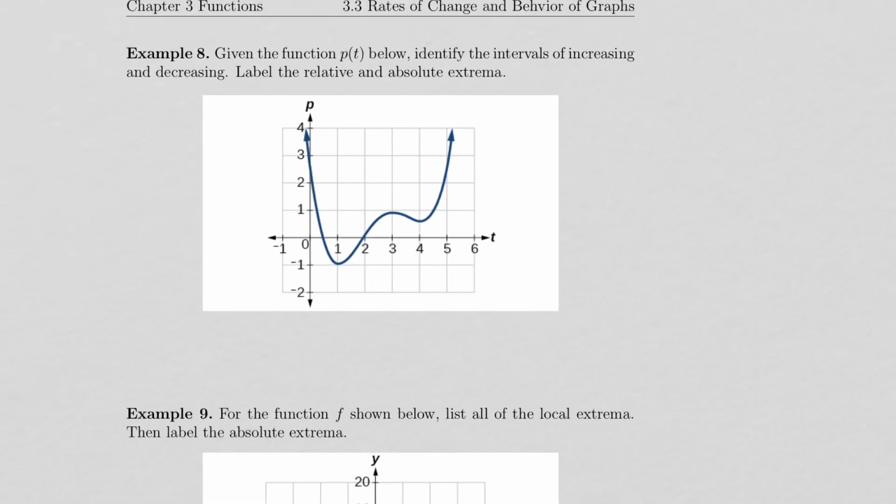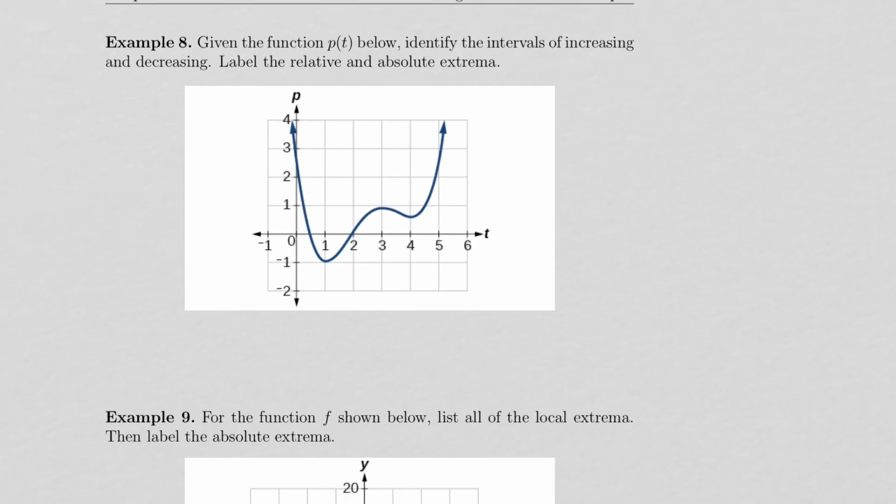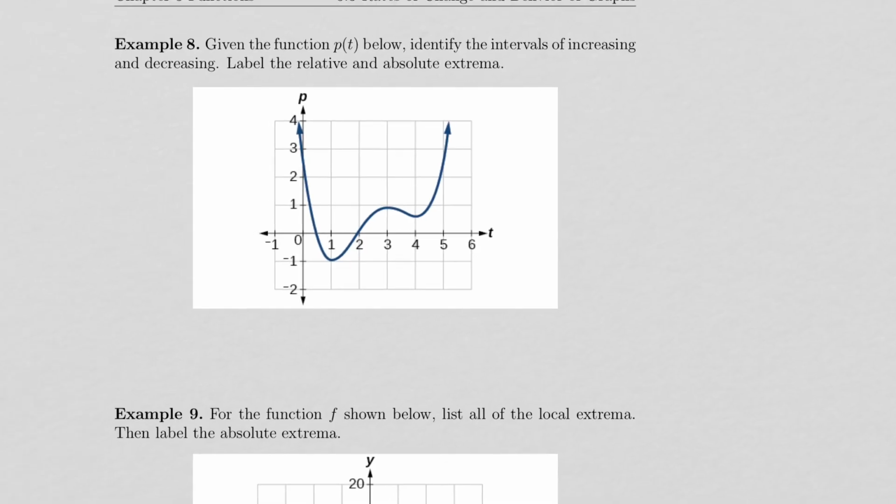So here's example 8. Given the function p of t, right? So p is a function of time. Below, identify the intervals of increasing and decreasing, and then label the relative and absolute extrema. Okay, so first of all, where is the function decreasing?